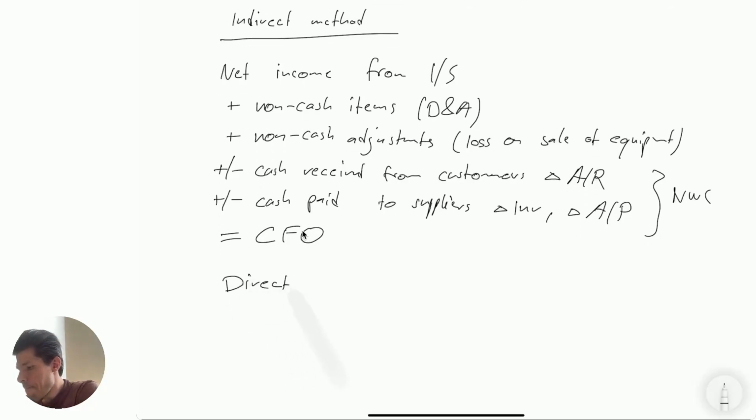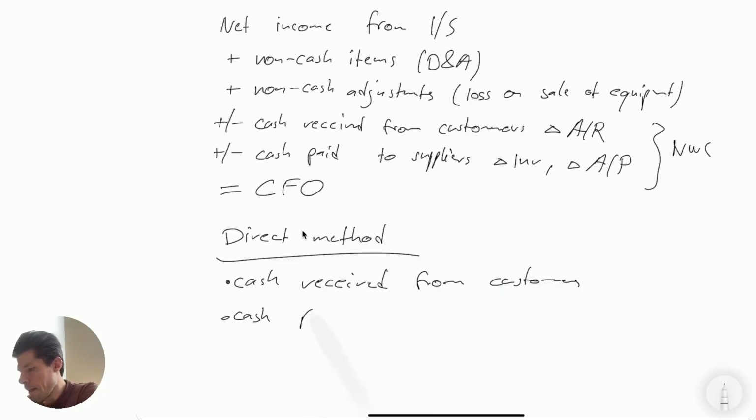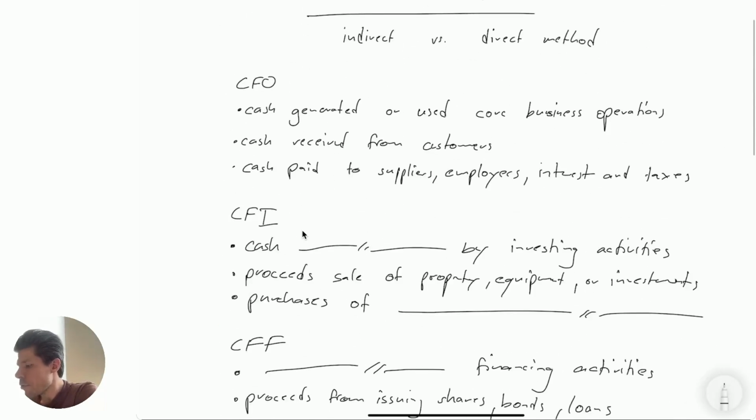Direct method. It's a bit different. We don't start with net income. We don't need to do anything on the depreciation. We just look at cash coming in, cash going out. So it's basically cash received from customers, cash paid to suppliers, and then, as mentioned before, employees, interest, taxes.